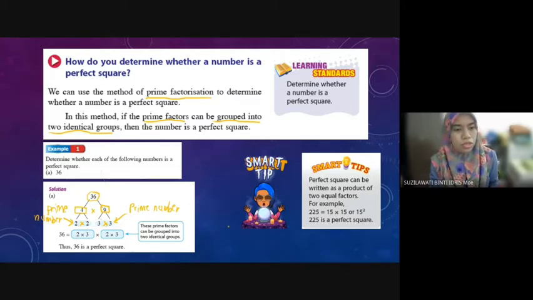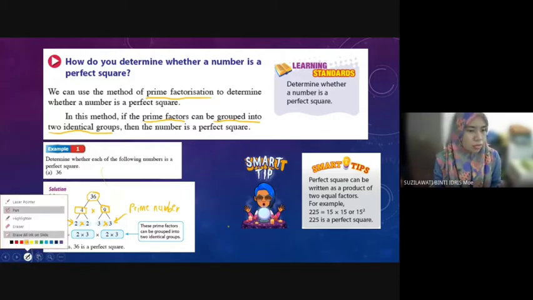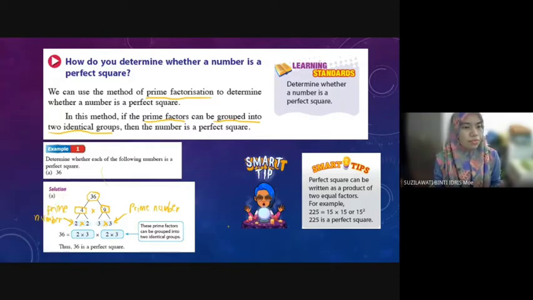Okay. So, if you look here, let me use another color. 2 multiplied by 2. These are all the prime numbers at the end of the tree, which is 2 multiplied by 2 multiplied by 3 multiplied by 3.